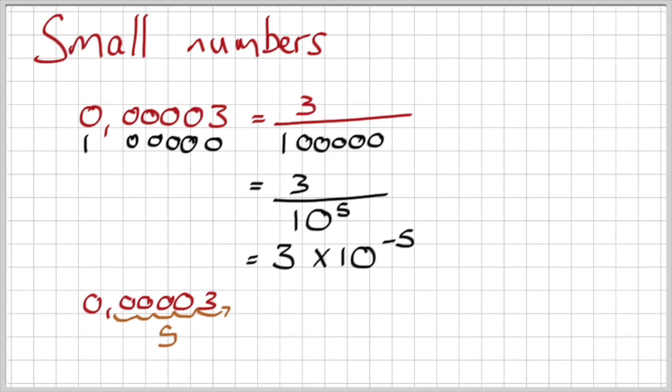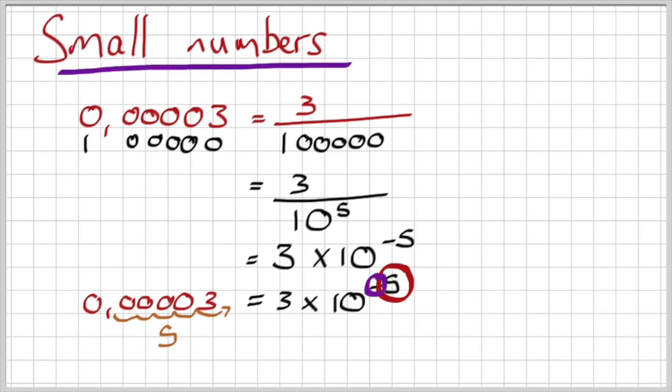First of all, the comma needs to move how many times? 5 times. So I'm going to say 3 times 10 to the power of 5. But because we are working with a small number, that's why I put the negative there. So in your mind, you must remember, small numbers work with negatives.